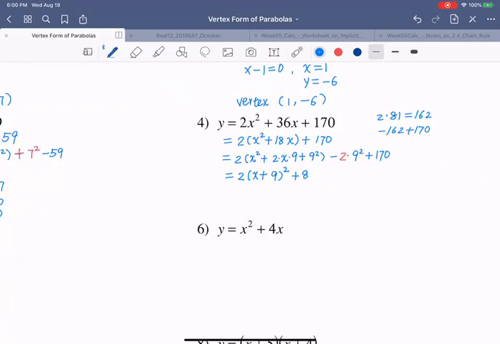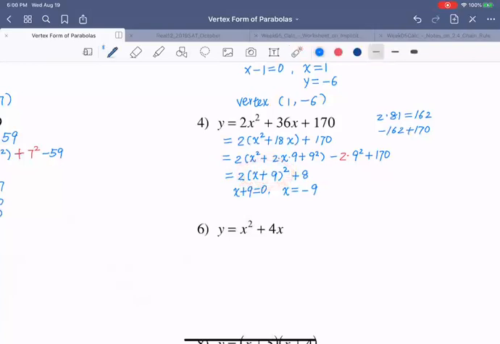Okay, vertex. You make x plus 9 equals 0, right? Yes. X equals what? X equals -9. Yes. This x plus 9 equals 0.